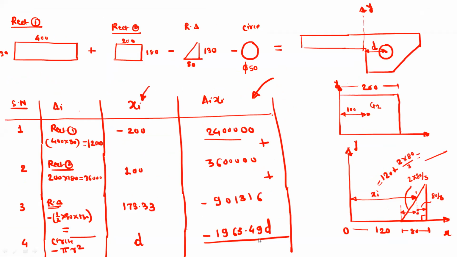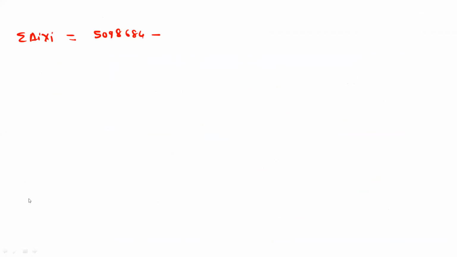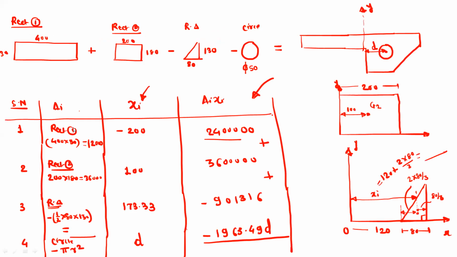So summation AiXi is equal to this. Then write the summation of the area, so refer to the first column.